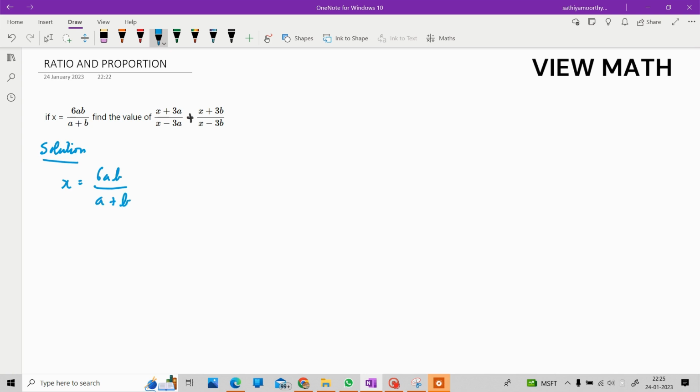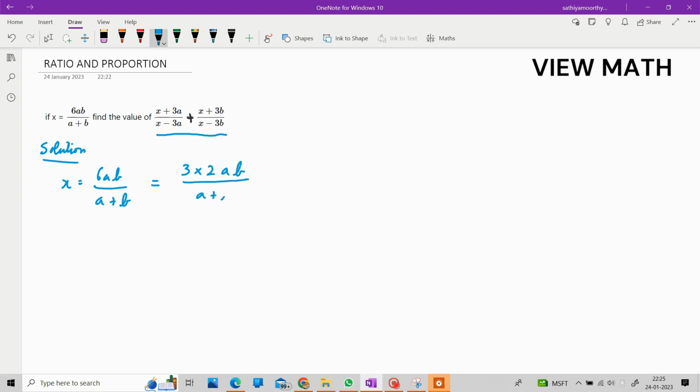They are asking us to find the value of (x + 3a)/(x − 3a) + (x + 3b)/(x − 3b). Now x = 6ab/(a + b) can be written as 3 into 2ab by a plus b.